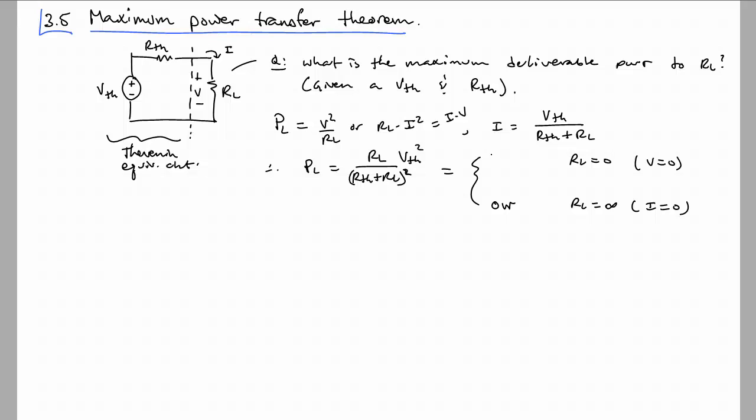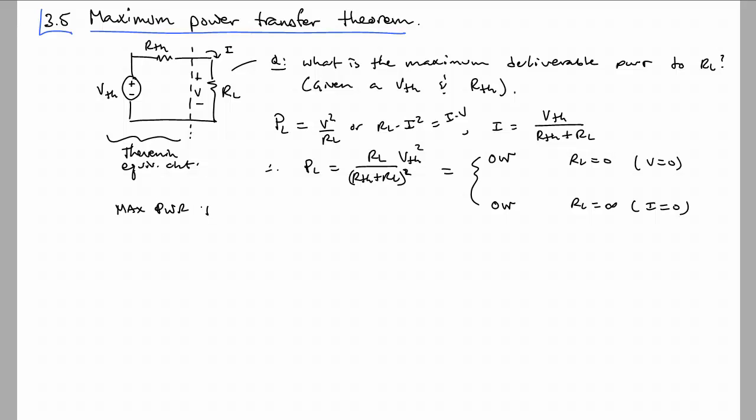And that's what's going to happen at an RL equal to 0. So we see here at both asymptotes, a short circuit and an open circuit, there's no power delivered. So we anticipate that somewhere in between those two asymptotic values, there is a value of RL where the power is maximum.